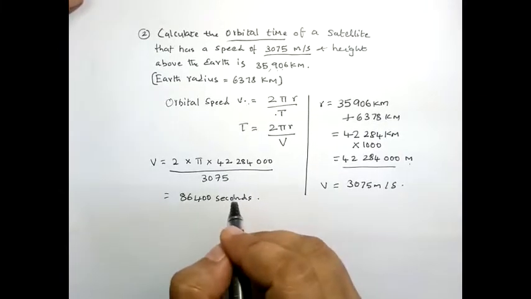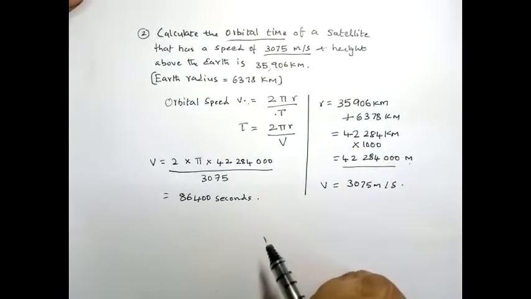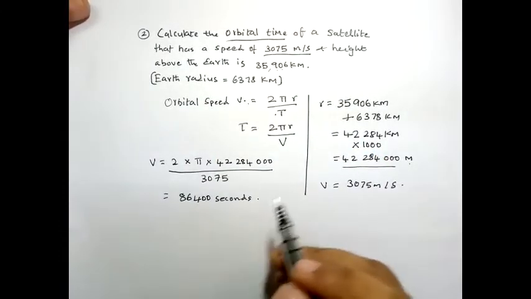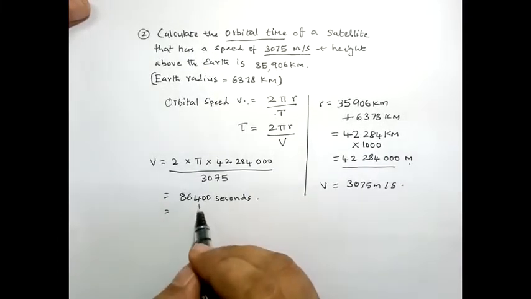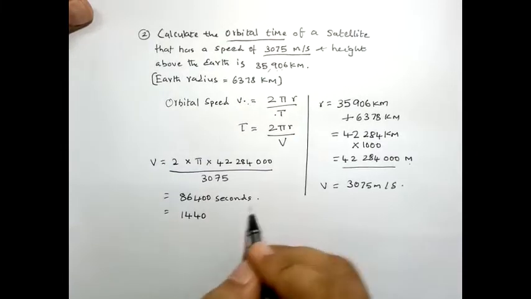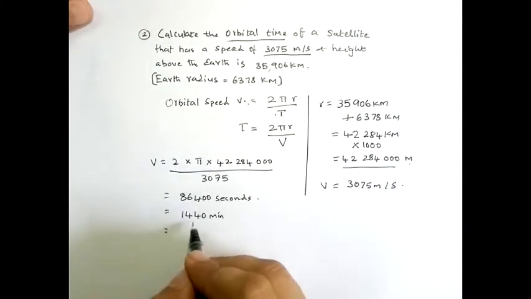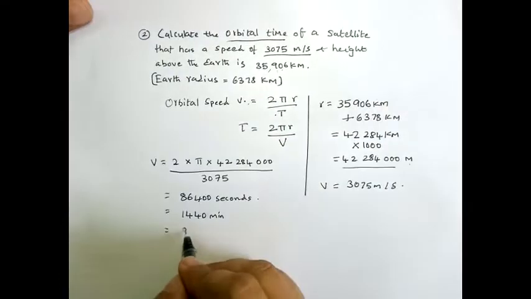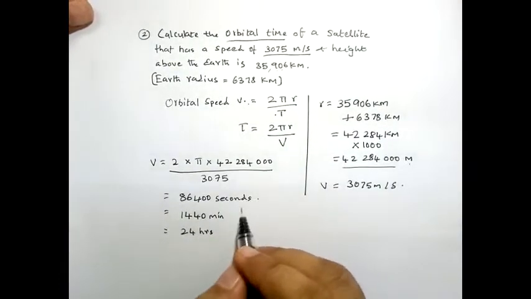For example, if in the question they ask you to give the answer in minutes or in hours, you have to further convert this. When you convert the seconds into minutes, you get this answer in minutes, and if you convert this further into hours, then you get 24 hours as the final answer.